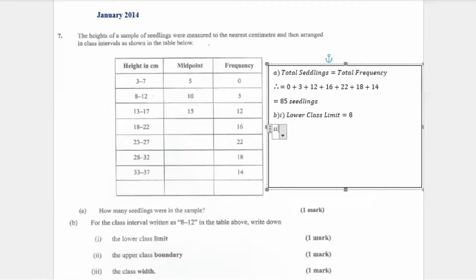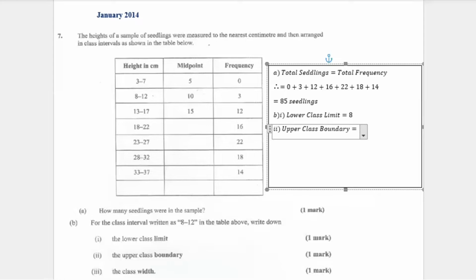Part 2 asks us for the upper class boundary. So I stated earlier that with boundaries, the lower class boundary would be 0.5 lower than the lower class limit.